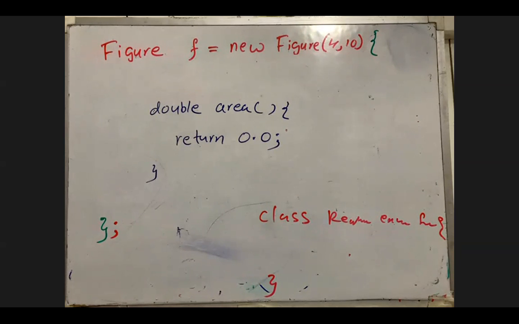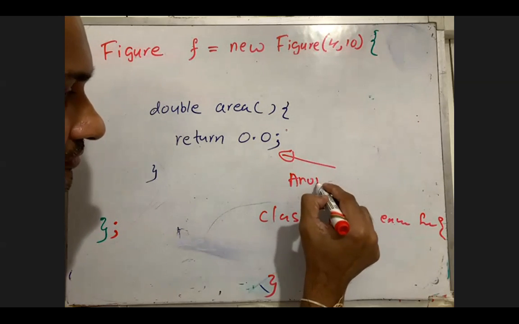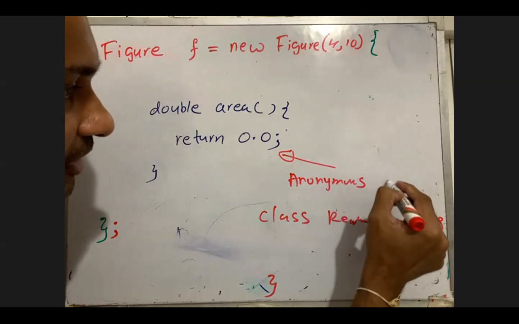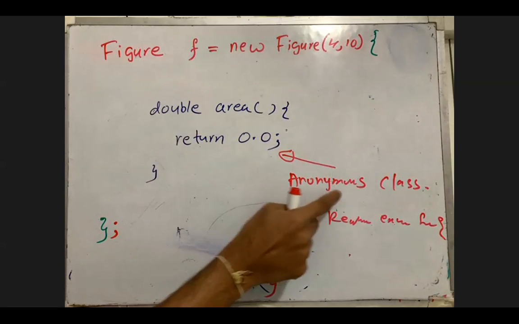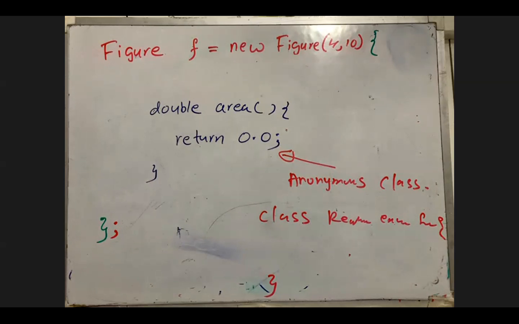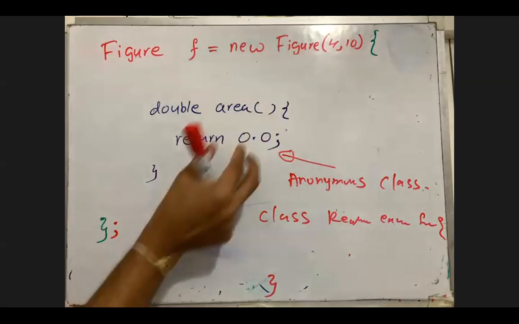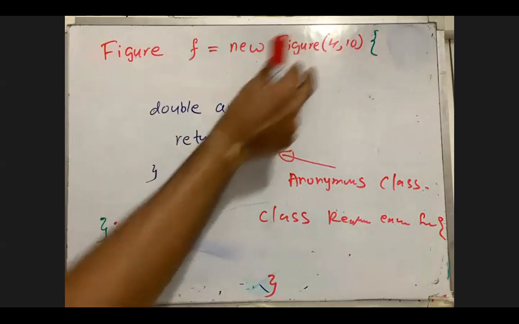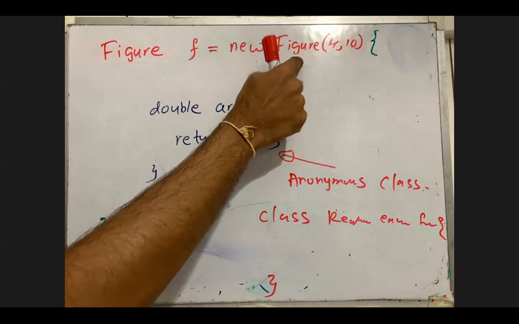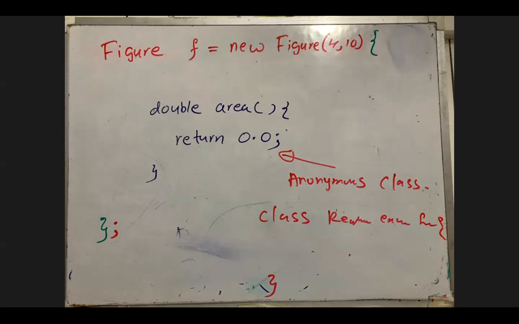We call this an anonymous class implementation. That means you want to get the value of the double variable. Therefore, when you are declaring this one, you created an anonymous class using the figure parent constructor. Does anyone have a problem? Okay, try out this one.